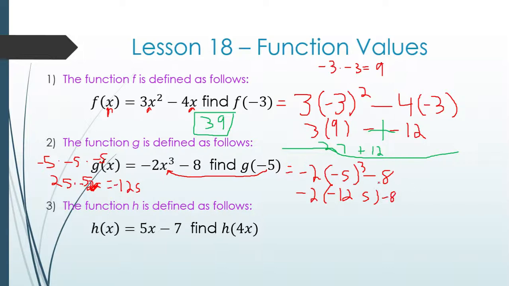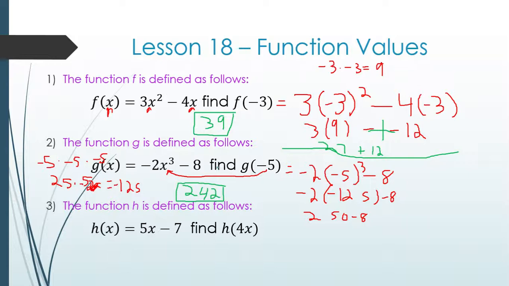In this case, I've got a negative 2 times a negative 125, and a negative times a negative is a positive. So 2 times 125, that's double 125, so that's 250. So 250 minus 8, what is that? It's going to be 242.